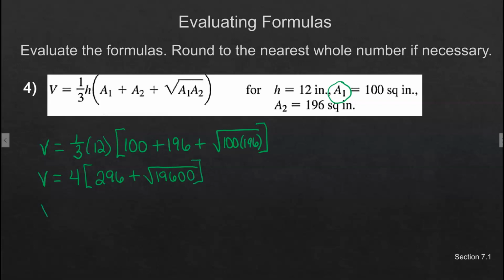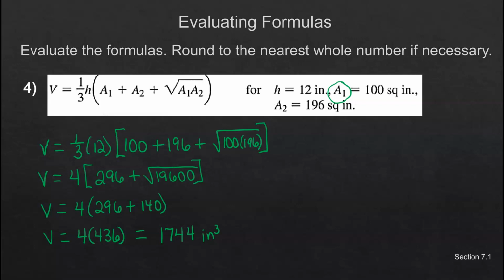Okay, we can kind of drop the brackets and just use parentheses here. So now we have 4 times 296 plus 140. So 4 times 436. And that gives us 1744. And it is inches cubed.